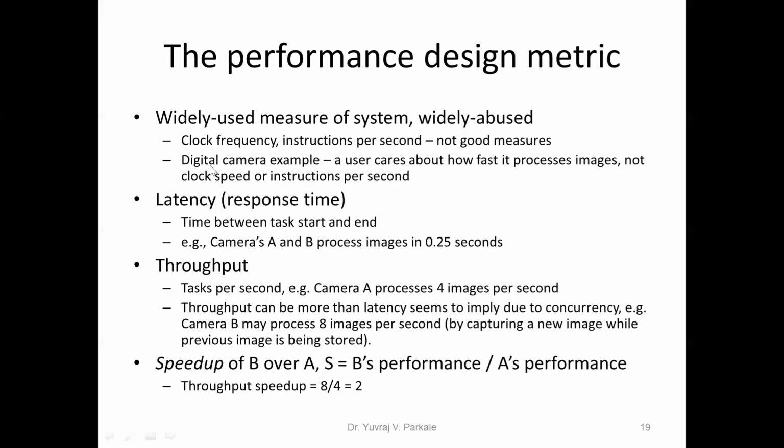For example, take a digital camera. A user cares about how fast it processes images, not clock speed or instructions per second. If you take the digital camera as an embedded system, while purchasing it, the customer will not be worried about the clock frequency or the instructions executed per second.